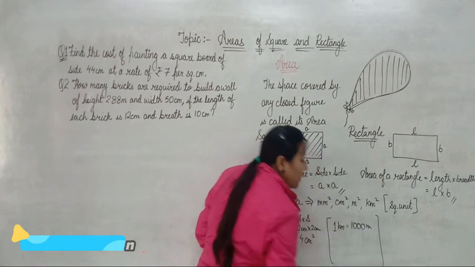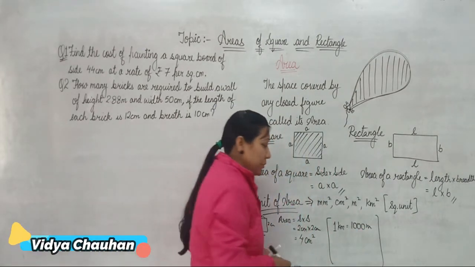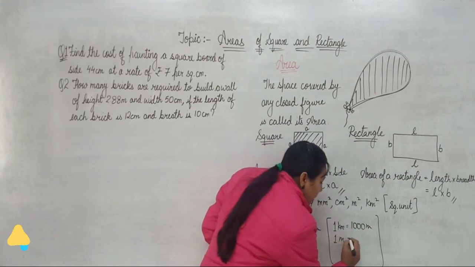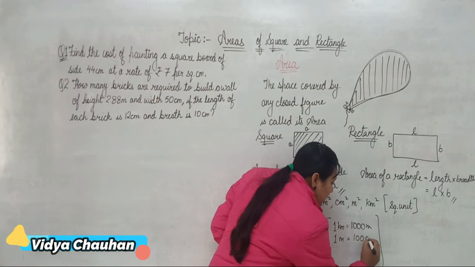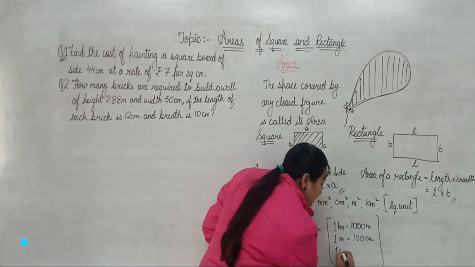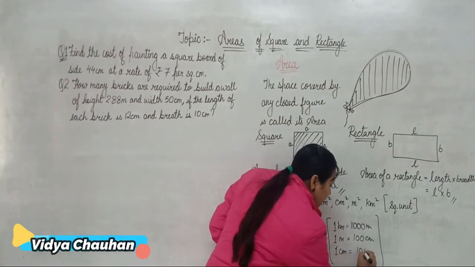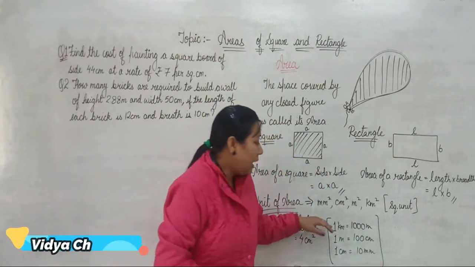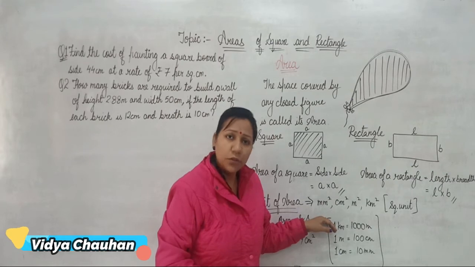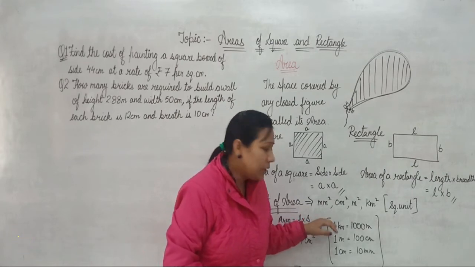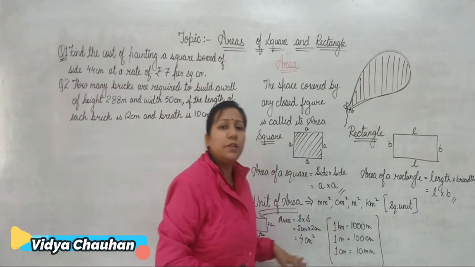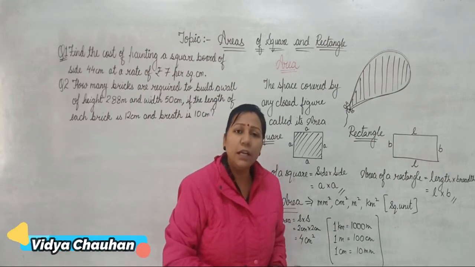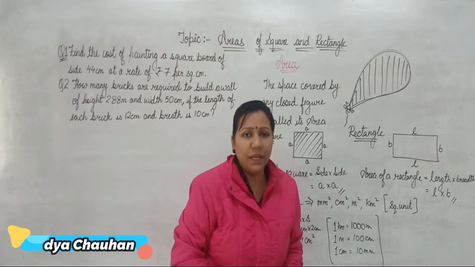This conversion we have also done in our measurement chapter. 1 kilometer equals 1000 meter. 1 meter is equal to 100 centimeter. 1 centimeter is equal to 10 millimeter. These are some basic conversion units in terms of the measurement of length, which you should know to solve the questions related to the area of rectangle and perimeter.